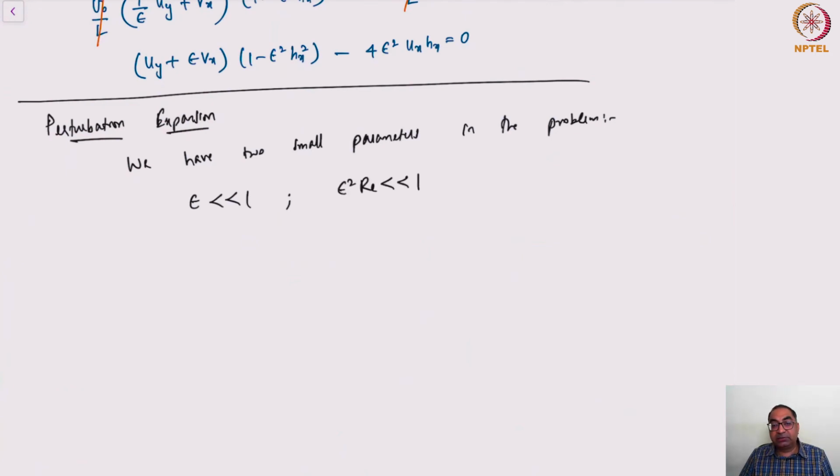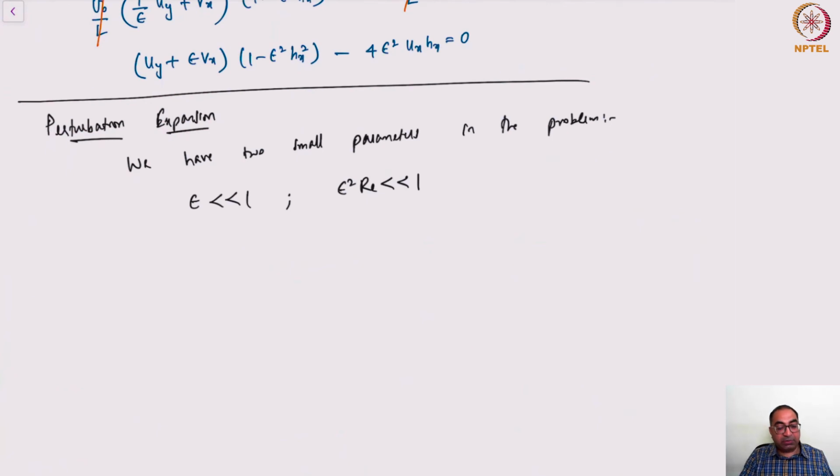The second term, that is epsilon square Re, it's very convenient to think of this term as being, how do we achieve this condition of epsilon square Re being small? You can say I'm setting Reynolds number to be finite and fixed, and the epsilon square times Reynolds number is much smaller than 1. In other words, the size of this term I can vary by varying the value of epsilon.